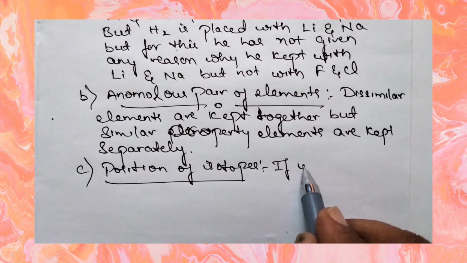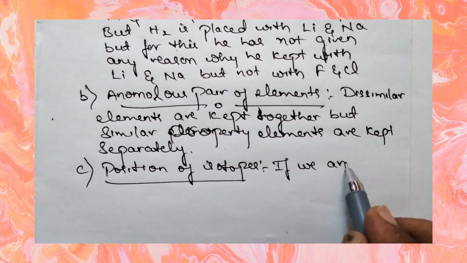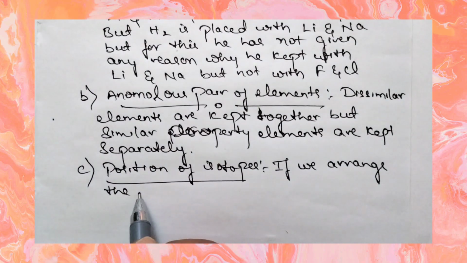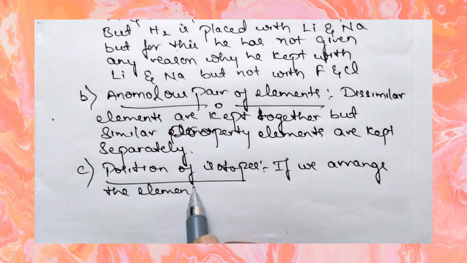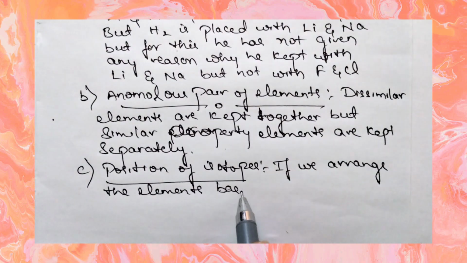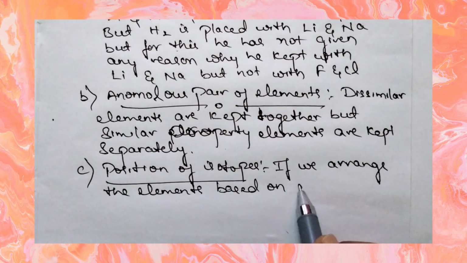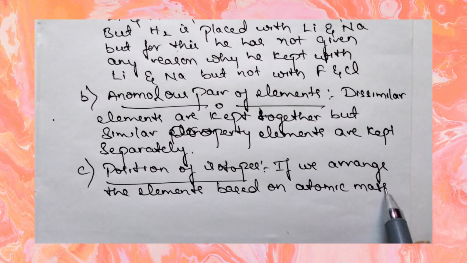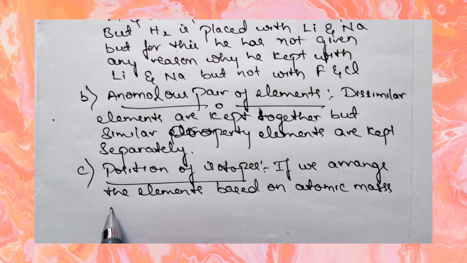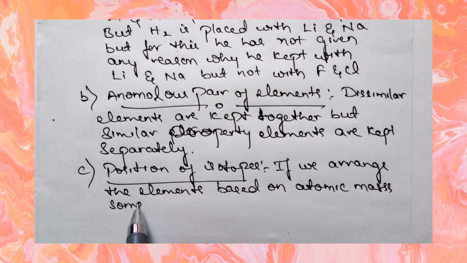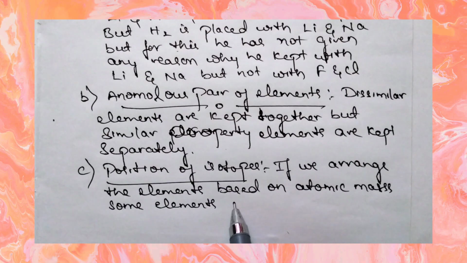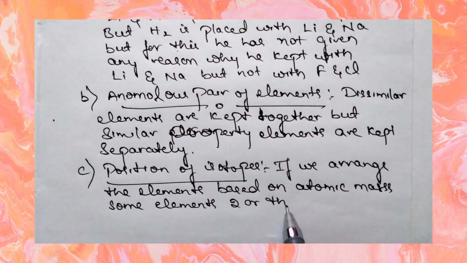If we arrange the elements based on atomic mass, some elements have 2 or 3 isotopes.